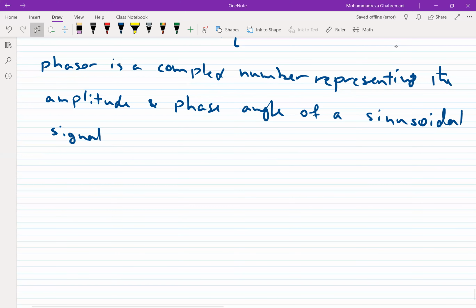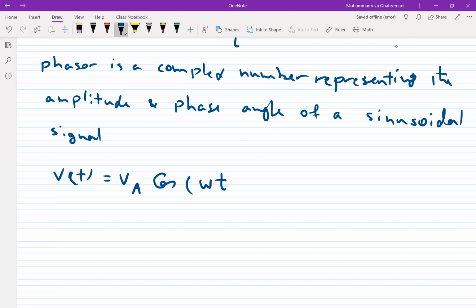Okay, here we have a sinusoidal signal: v of t is equal to VA cosine of omega t plus phi.